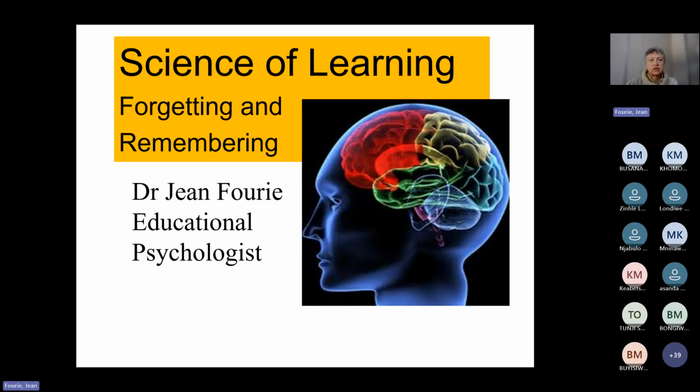And we have been discussing the idea of the information processing model and the science of learning. And we are looking at components of this in each of our lectures.